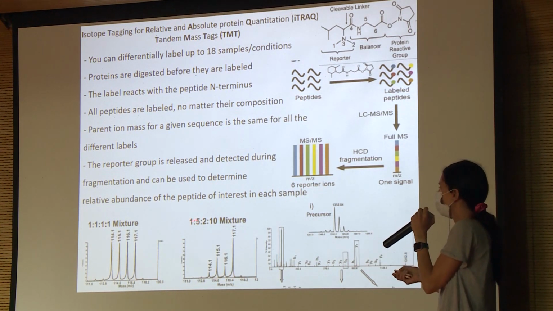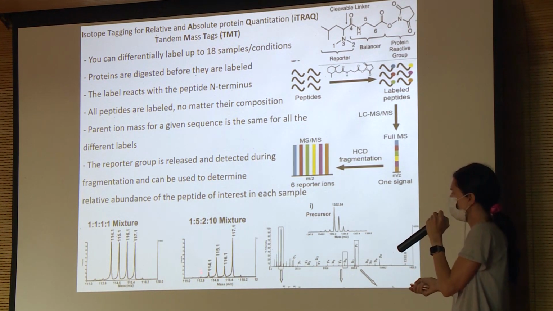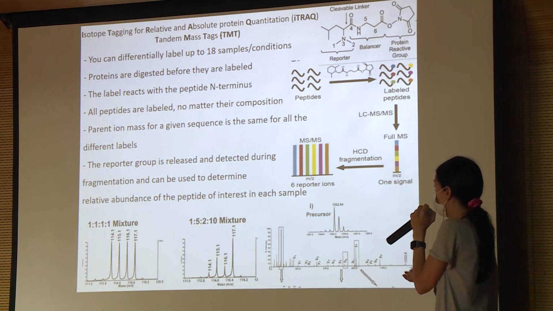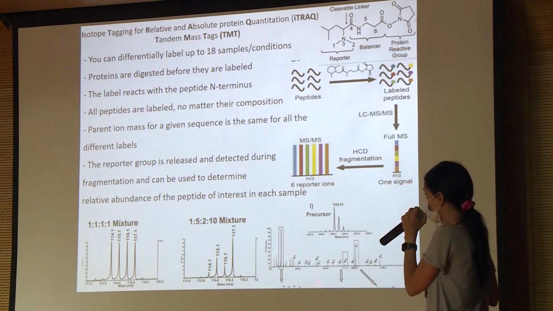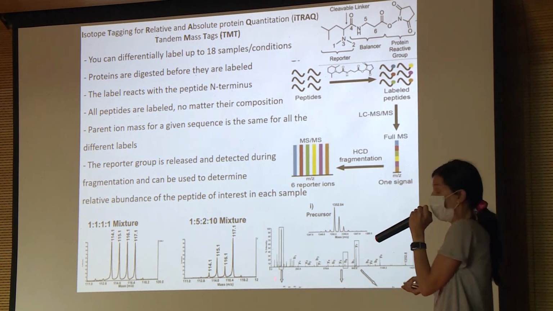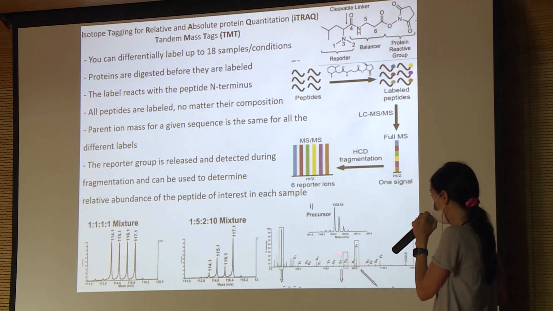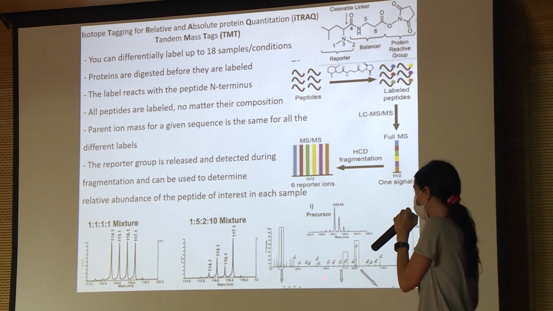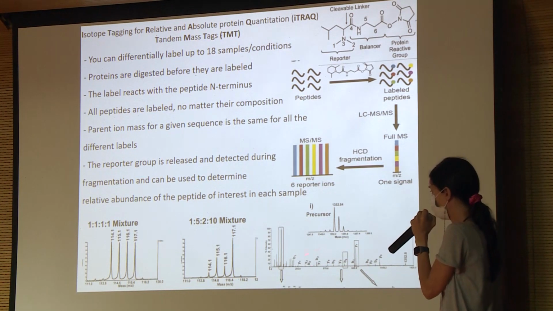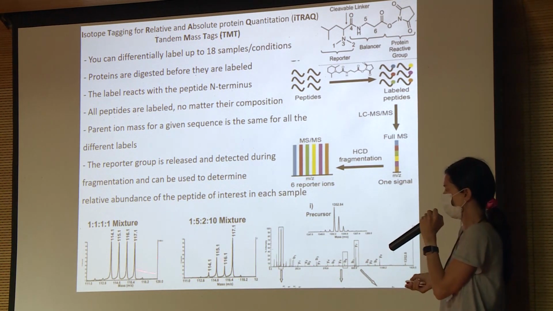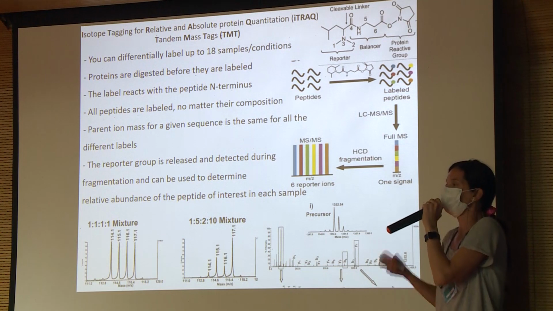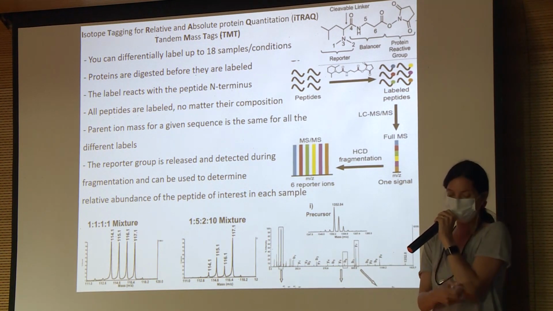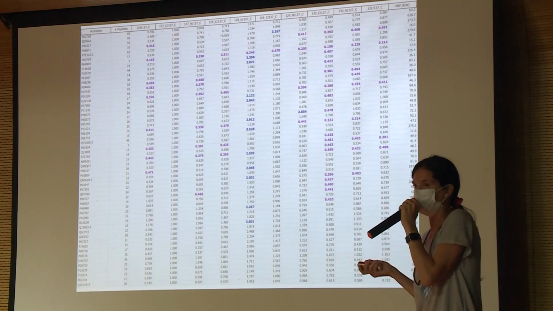And here we have a 1 to 5 to 10 mixture, and you can see how the different tags vary their intensity. And then the rest of the peptide will fragment normally, and based on the fragmentation of the peptides, you will be able to identify what peptide it is. So for every peptide, you get its sequence, you identify the protein, and you can do its quantitation. Of course, you have to make a lot of controls, a lot of reverse labeling, a lot of statistics, but this is the basic way it works.